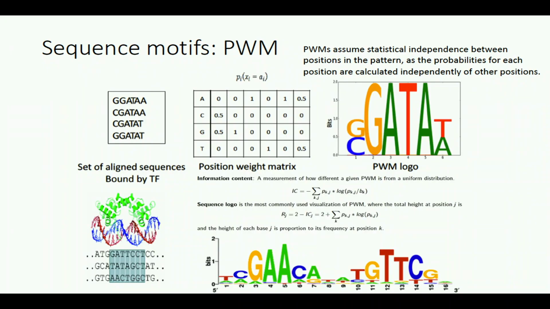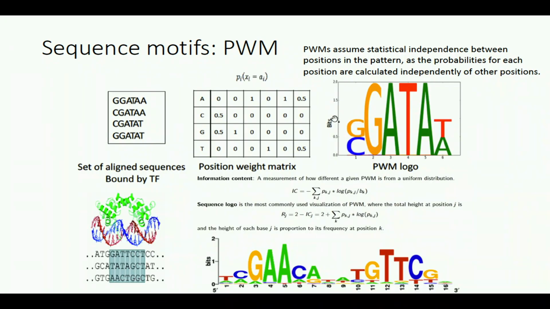It is loosely related to the entropy of that position. You can see that the total height, or number of bits, is related to the entropy. The more uncertain you are, the shorter that position is, so the number of bits is smaller.